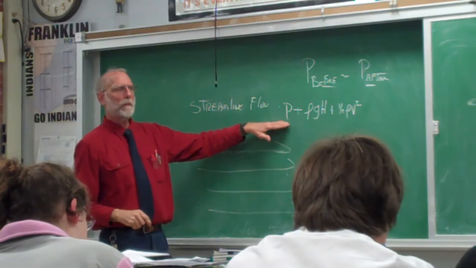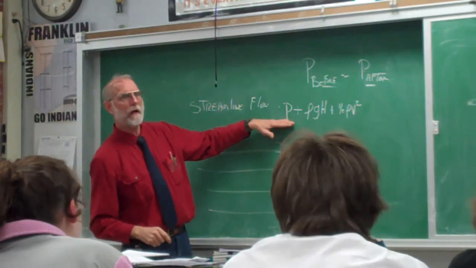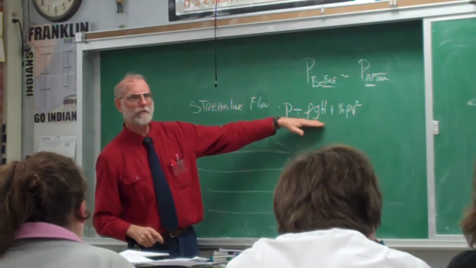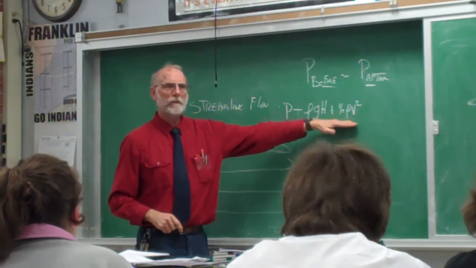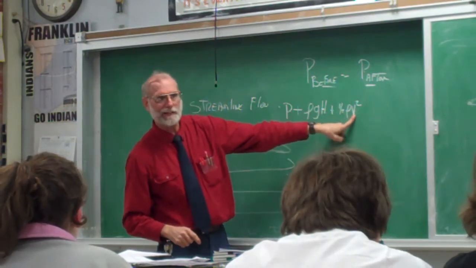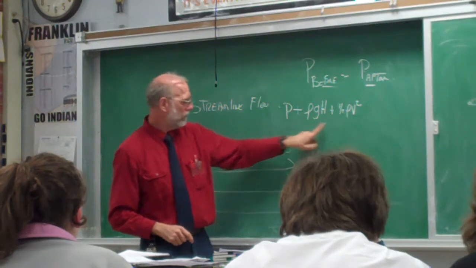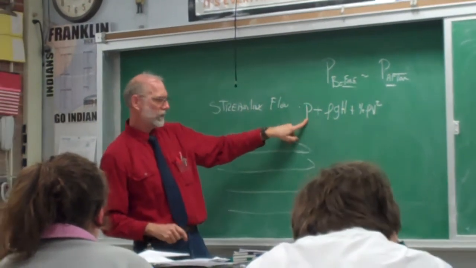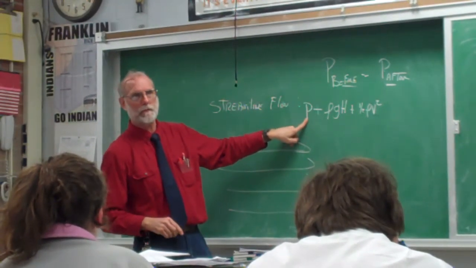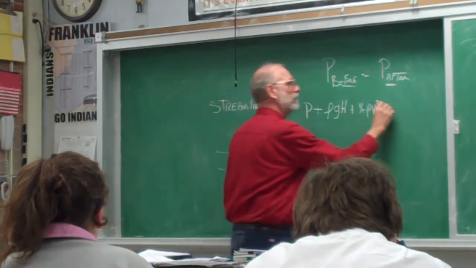So, Bernoulli's principle is that the outside pressure plus the pressure due to the height plus the pressure due to the motion, this is velocity here, this is density, this is just pressure from any source, is a constant.